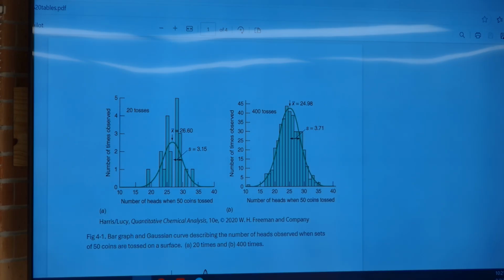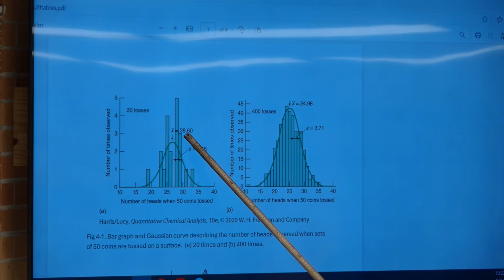Okay, so the maximum point is 24.98. Everybody knows with 50 coins, 50% should be heads on, and 50% means 25 coins. And here it is 24.98. If we only toss 20 times, you see this average is 26.6.